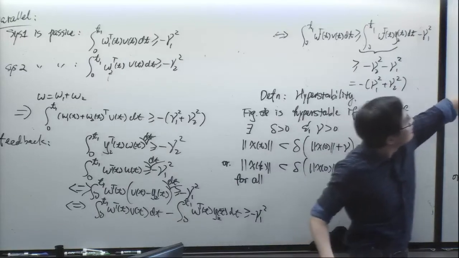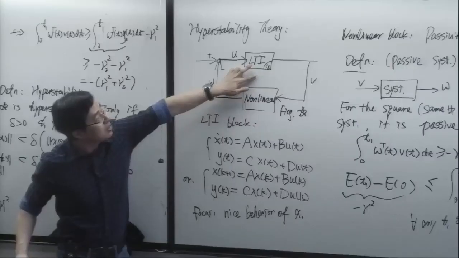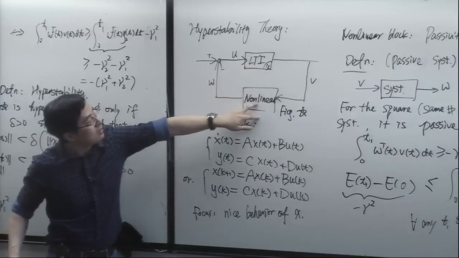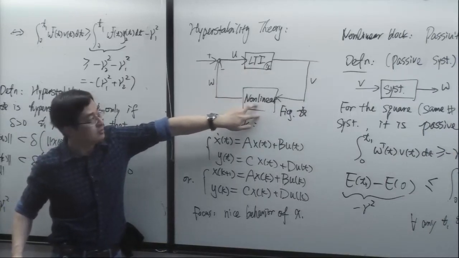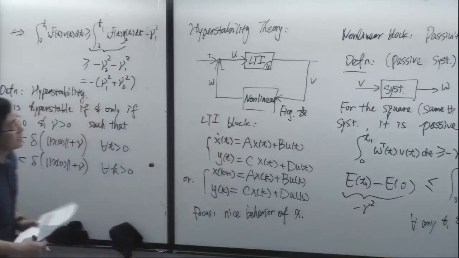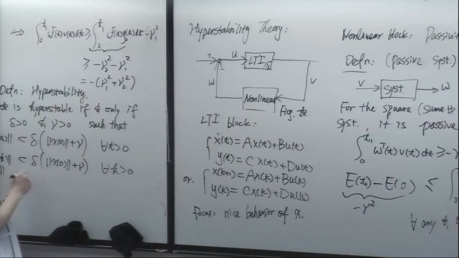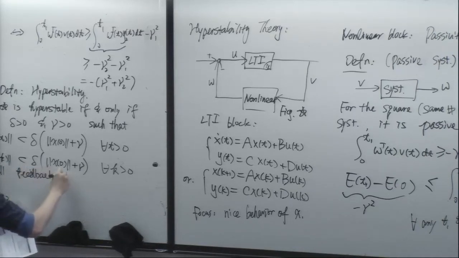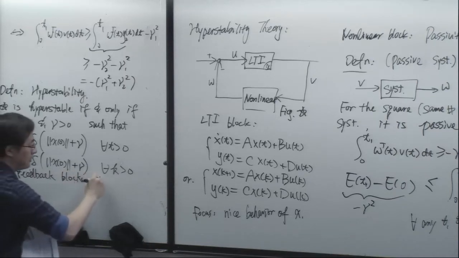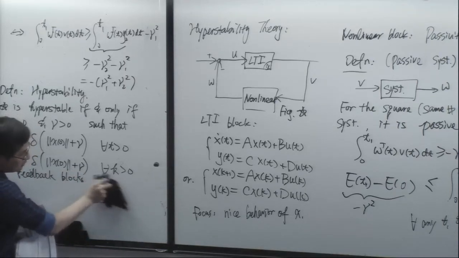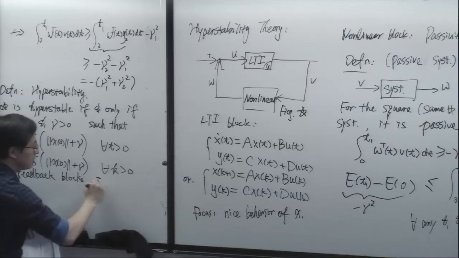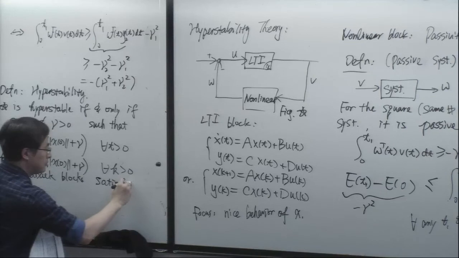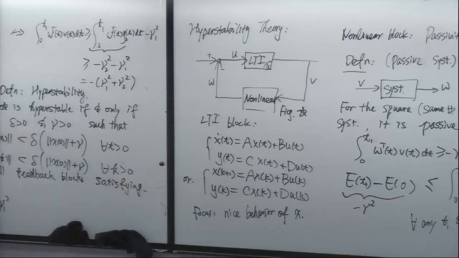Effectively, it's saying this block is going to have this nice property of bounded states for all passive systems in the nonlinear block over here. Okay, so the condition is that the lower part, the feedback part, is a passive system. So this is for all feedback blocks satisfying this Popov inequality.